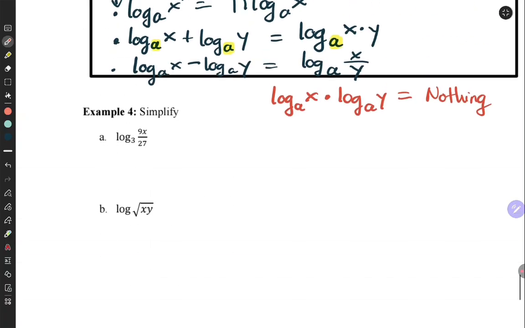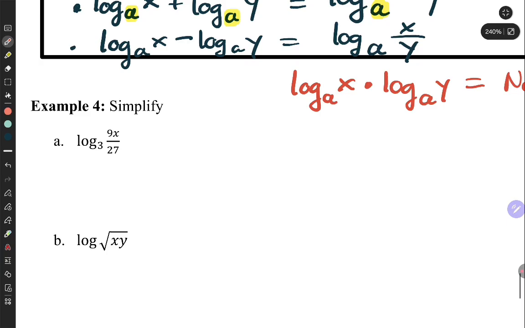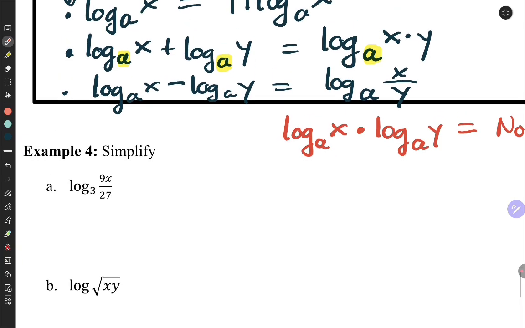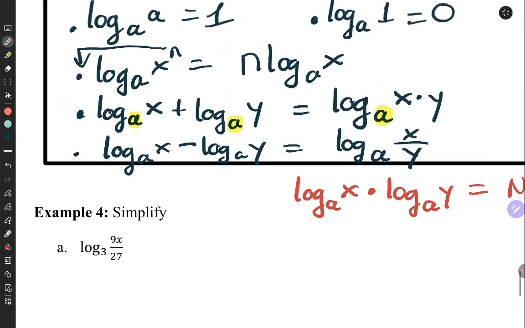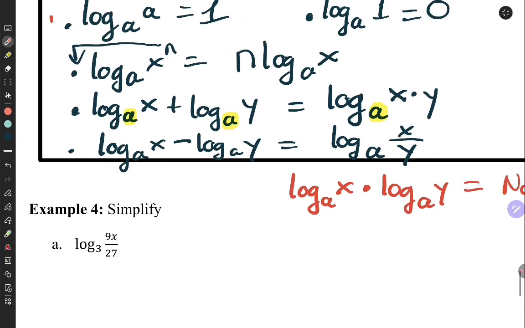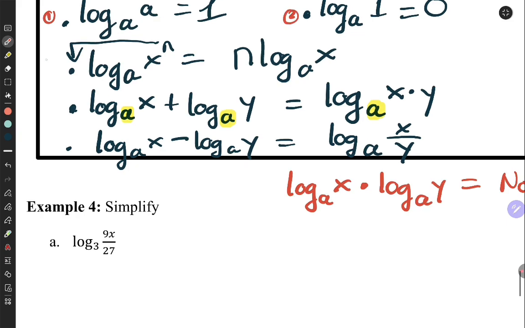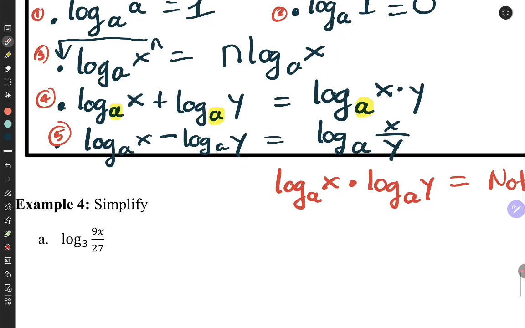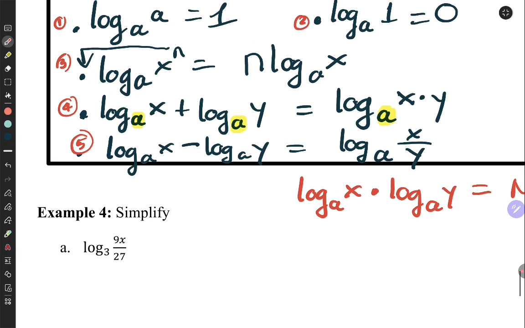So one by one, this one is going to be expanding, using the properties of logarithm. So I have 1, 2, 3, 4, 5, kind of like 5 formulas. Which one do I use for this problem? The last one, right?